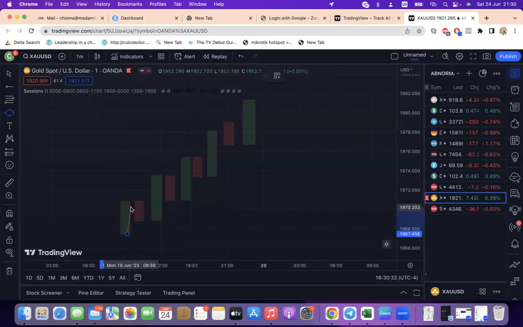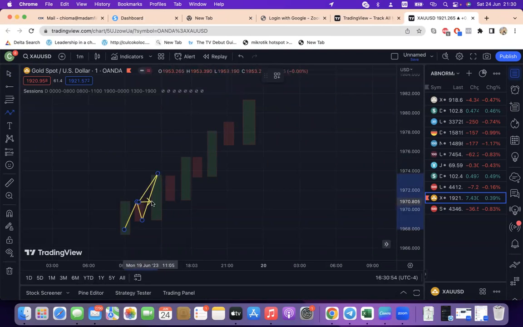So this was the first move. It pulled back 50% of this first move. All right, it went back and then came back 50% to meet the head of the last candle.